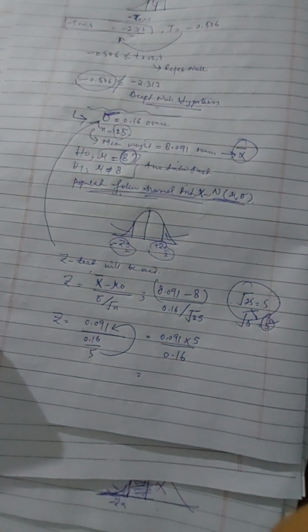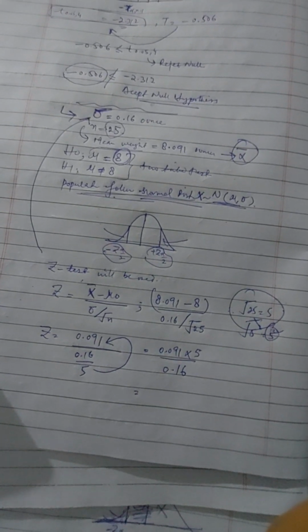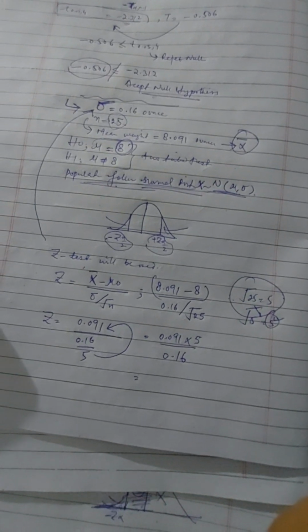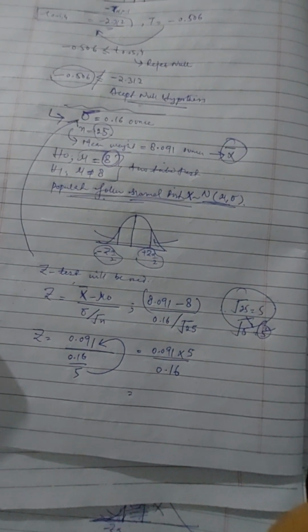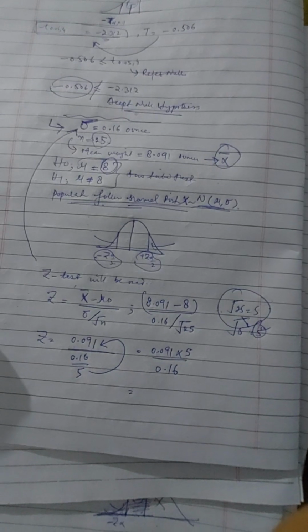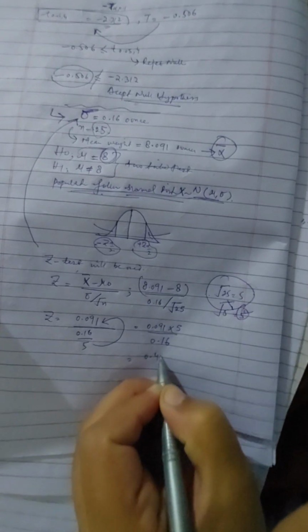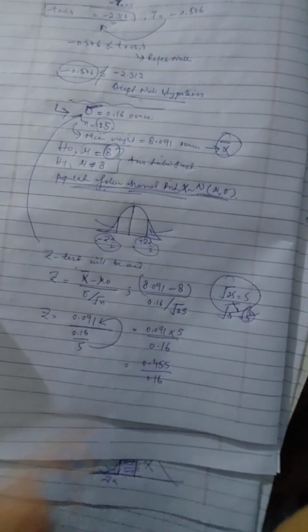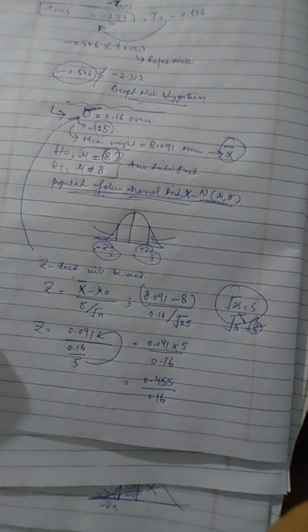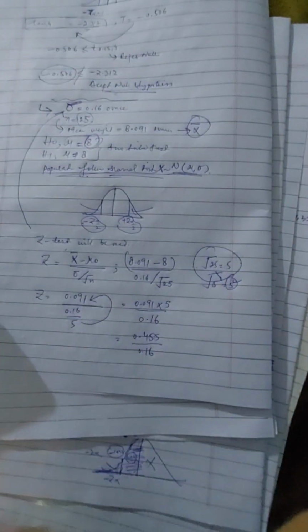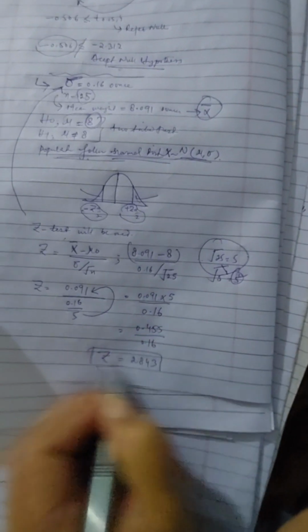Let's calculate what it gives us. 0.091 multiplied by 5 is equal to 0.455, divided by 0.16. It gives us 2.843. This is the Z value.